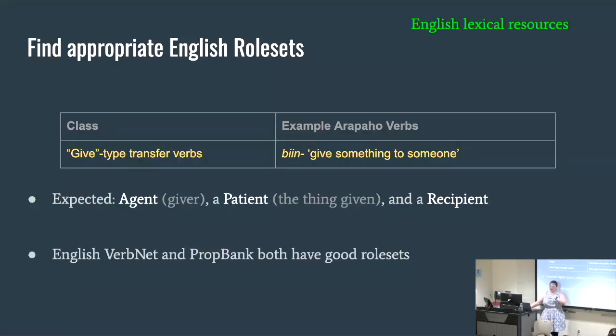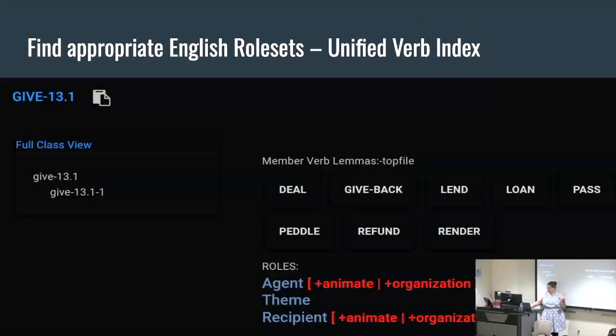Both VerbNet and PropBank are large collections of English role sets. So if we look into the Unified Verb Index, we look for the role sets we have for give. For most of these verbs, we'll have multiple senses available. So we look for the sense and the role set that matches the expectation for the Arapaho verb class.